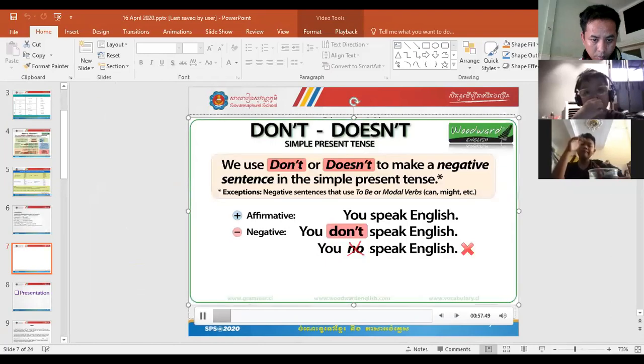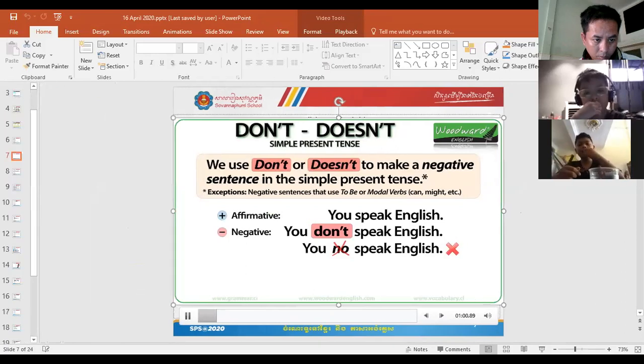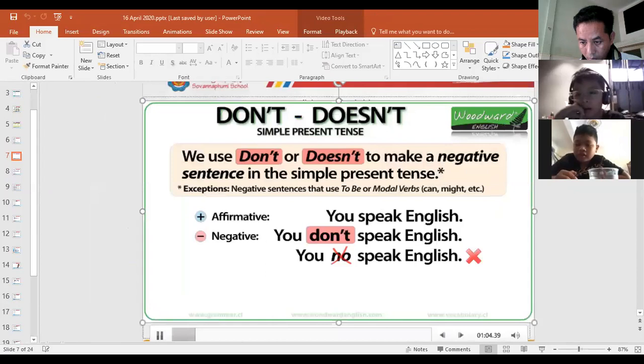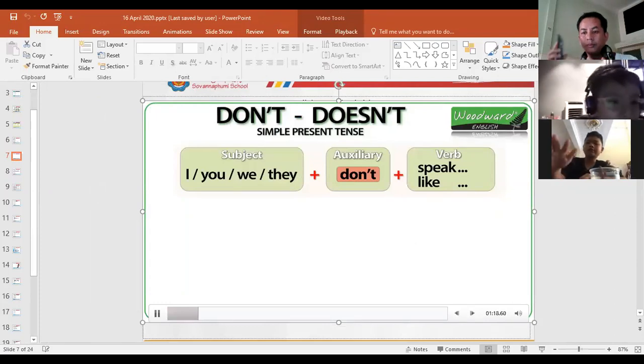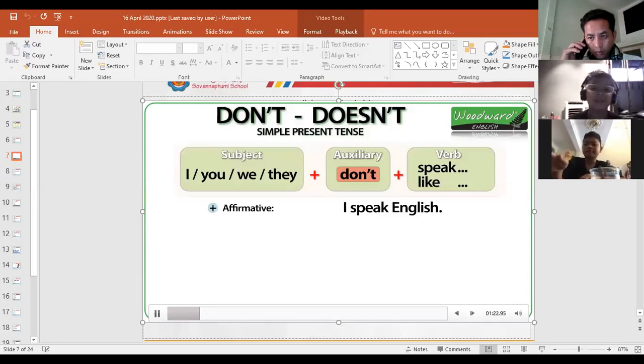Sentence in the simple present tense. Let's look at the difference between don't and doesn't. We use don't when the subject is I, you, we, or they. We add don't between the subject and the verb. I speak English.